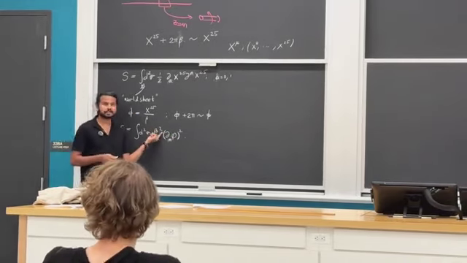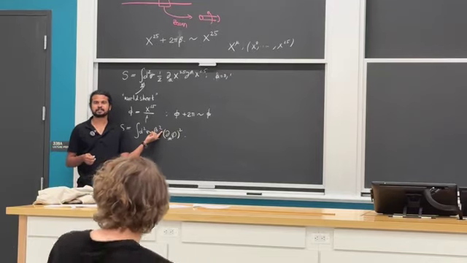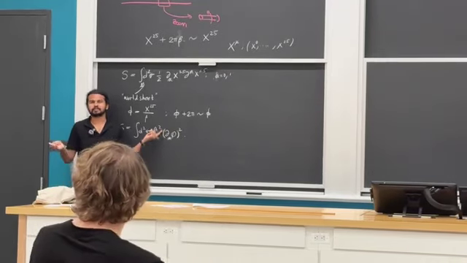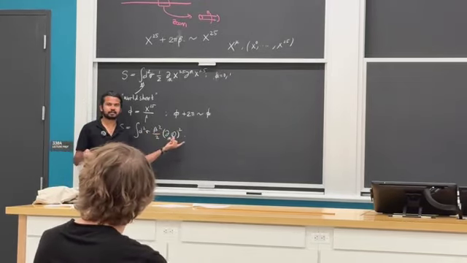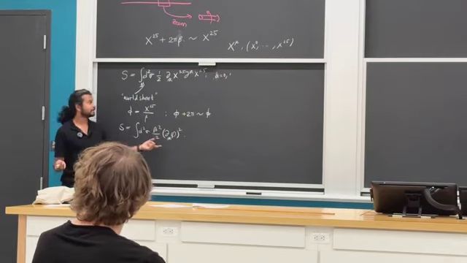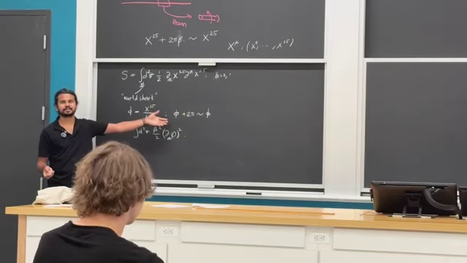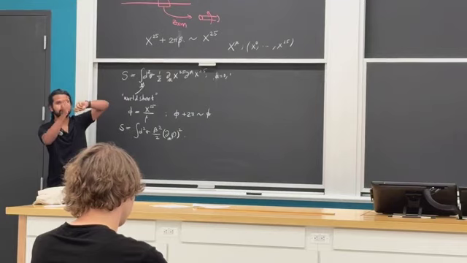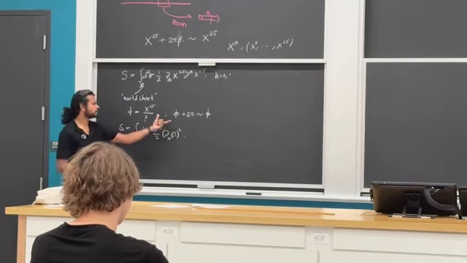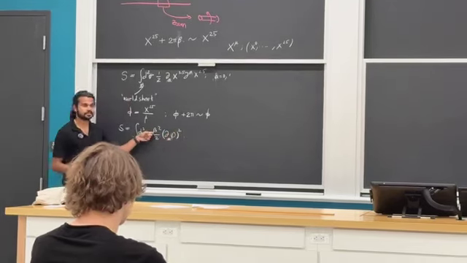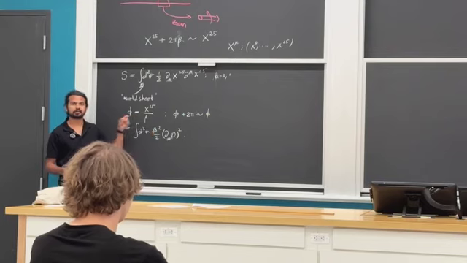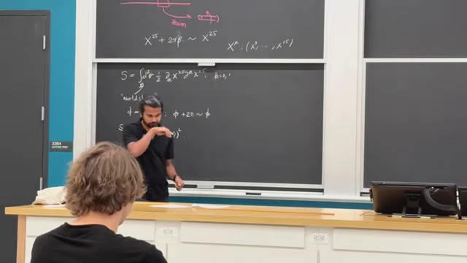Usually this constant in front of a kinetic term is redundant. You can just rescale phi to absorb that constant. But in this case, as we've just seen, rescaling changes the radius of the circle or the periodicity of the field. So beta is a genuine parameter that you cannot rescale away.